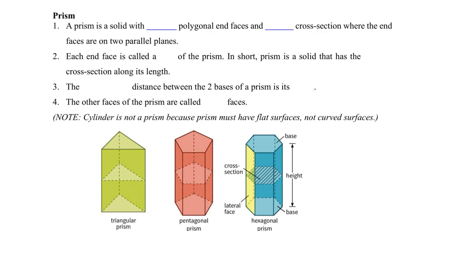Well, how do we define a prism? It is a solid whose end faces are identical, which we call a cross section.